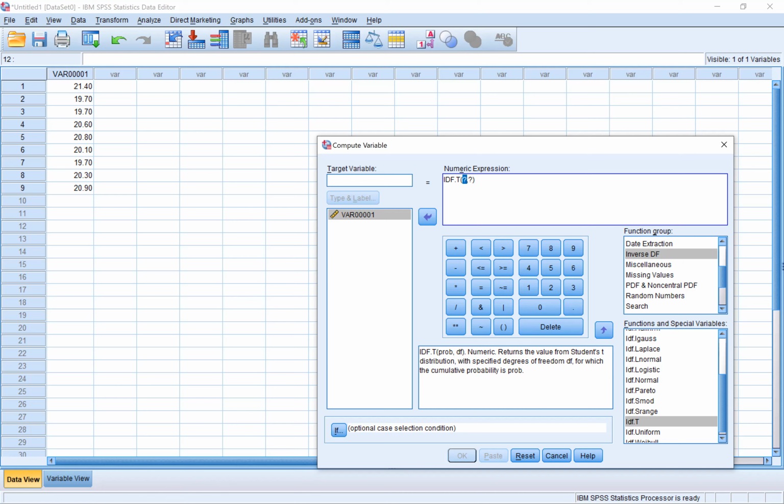So the total cumulative probability would be 1 minus alpha by 2. So 1 minus alpha by 2 would be 0.975. Let me see if it's visible. I hope it's showing up there. 0.975, and I put in the degrees of freedom.